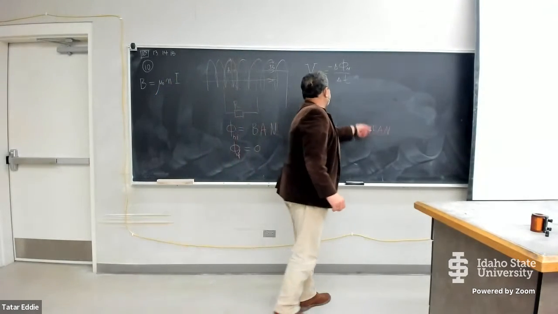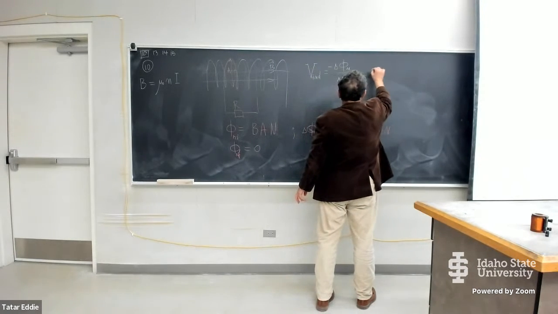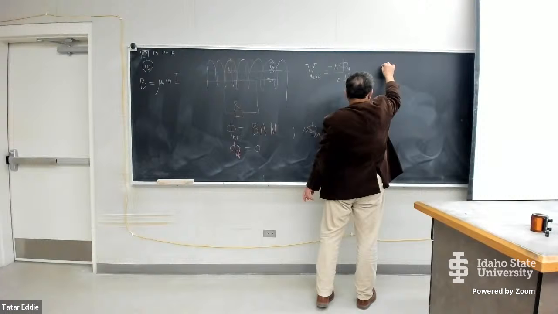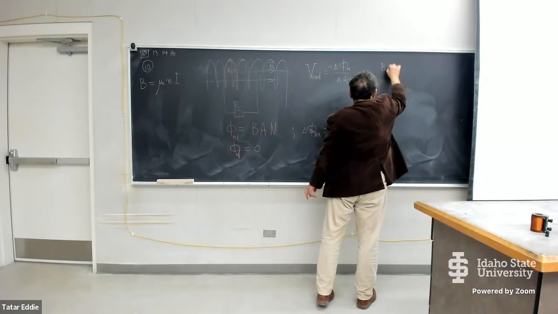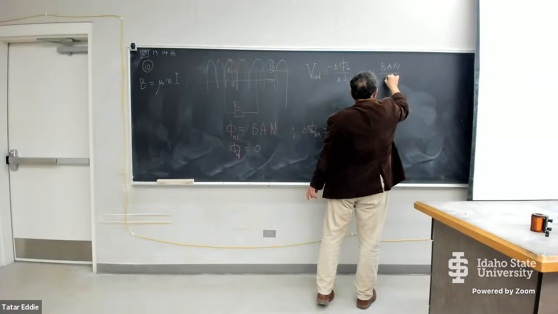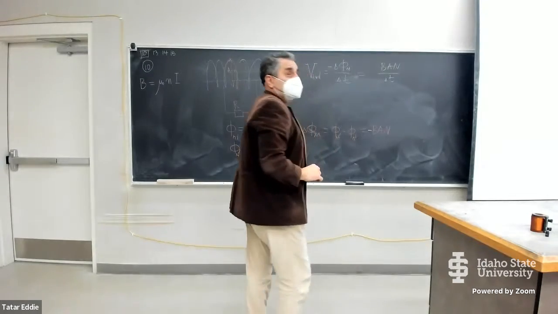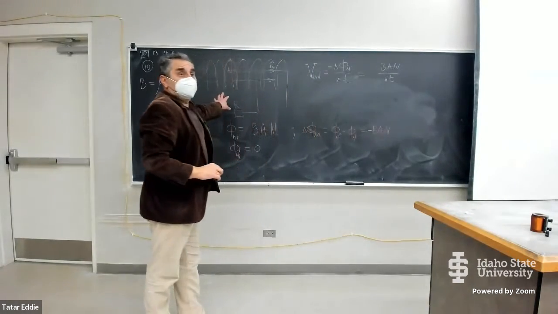And this negative sign with this negative gives you positive. So you get that the induced voltage is AN divided by the time interval delta t, which is also given. So this is the induced voltage in the red solenoid.